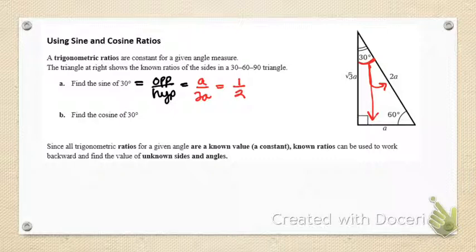You do the same thing with the cosine. Adjacent over hypotenuse. So looking at my picture, starting with a 60-degree angle, right here, I'm going to go adjacent over hypotenuse.